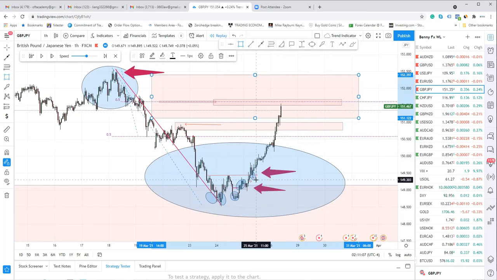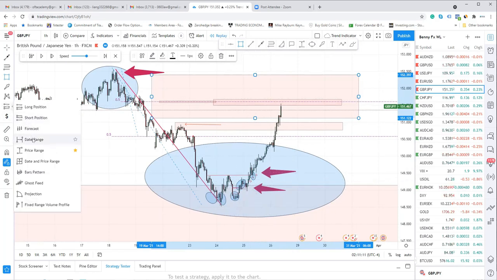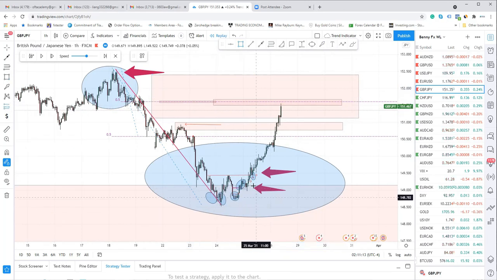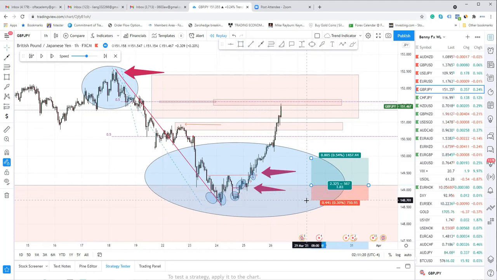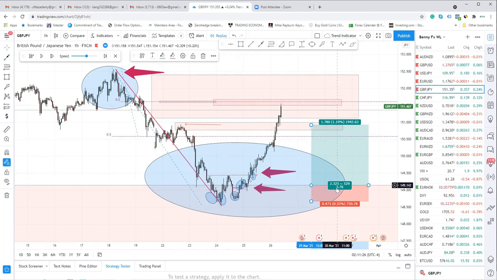So now imagine we enter on the first level, which is here, and our stop loss is below here. If you hit the target here, the high, you have a 1 to 3 risk reward. If you get the target here, you got 1 to 5 risk reward.